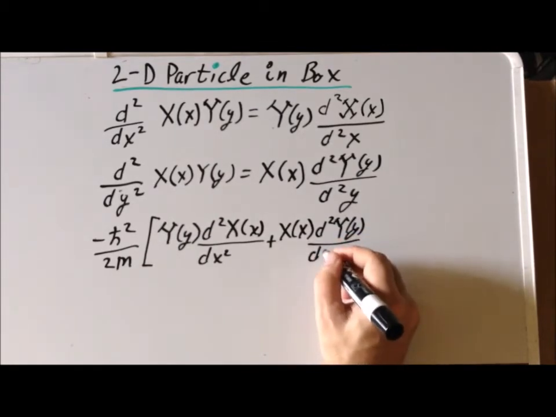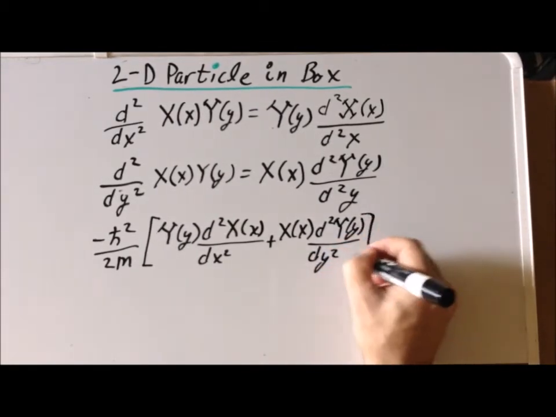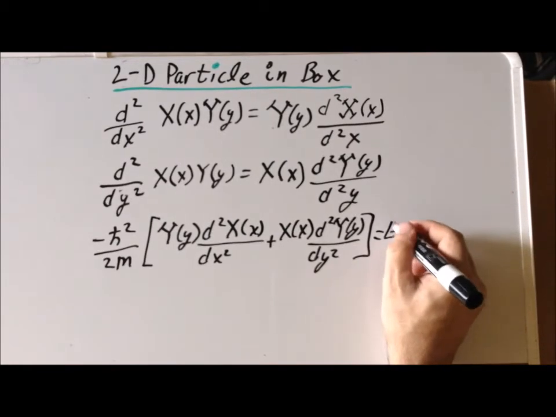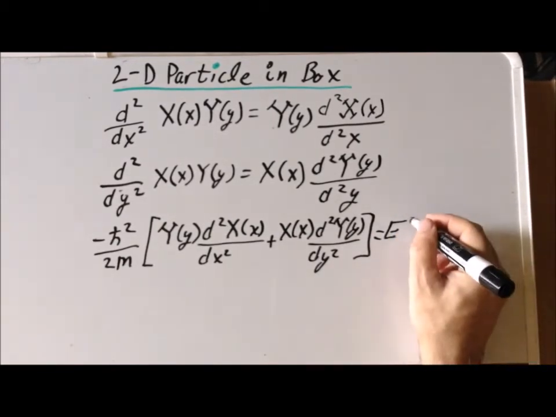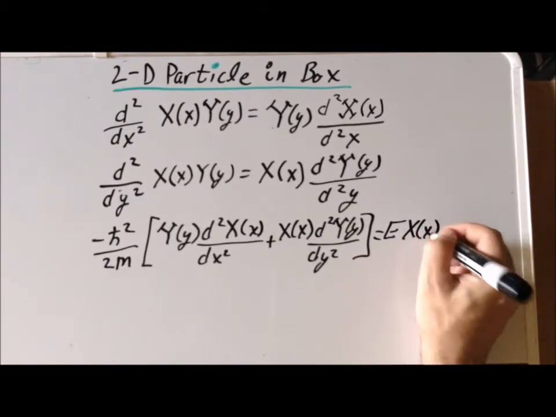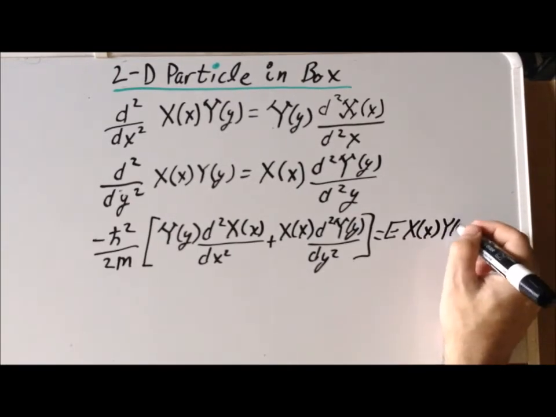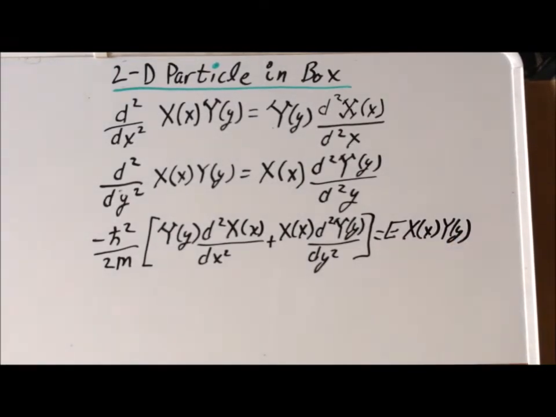And this is all going to be equal to E times psi, which is simply big X of x times big Y of y. Now, it may appear that we have not particularly helped ourselves by rewriting the Schrödinger equation in this particular form. But let's see what proceeds from here.